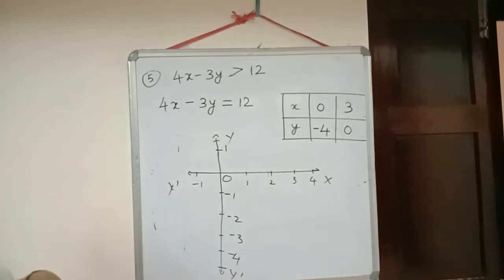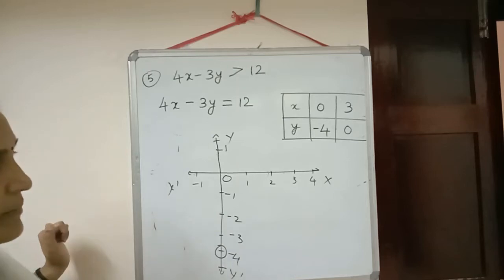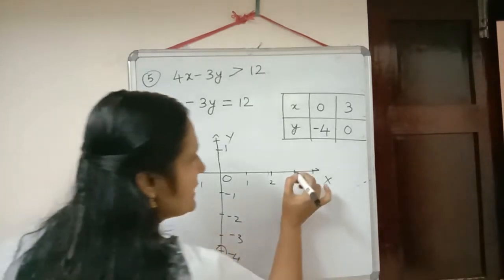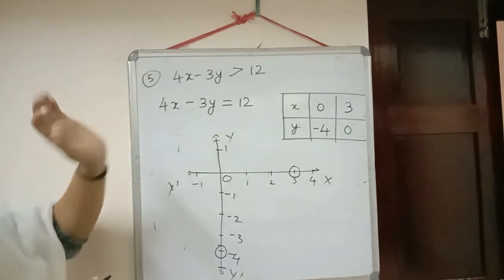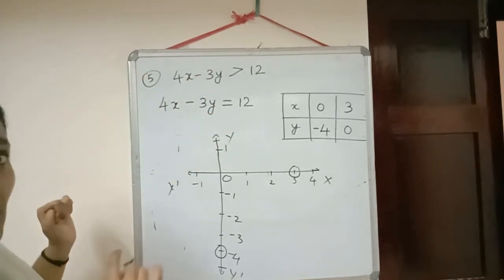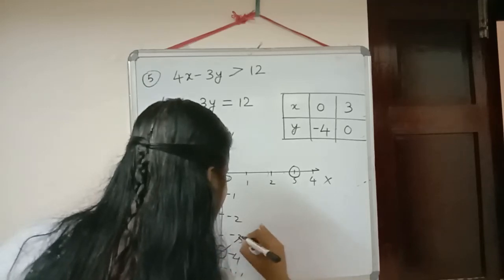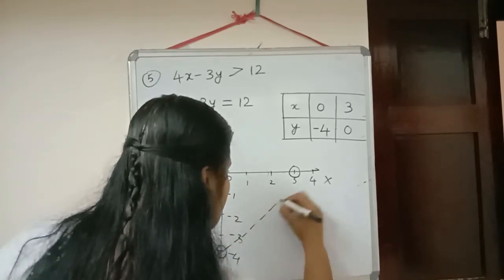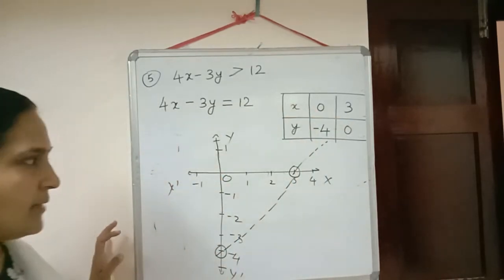Our first point is 0, minus 4, and then we have 3, 0. Since it is a strict inequality, we will use dotted lines to join the points there. Dotted line means all the points on this line also will not satisfy the inequality.